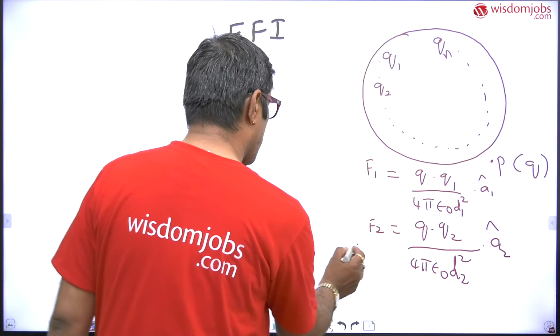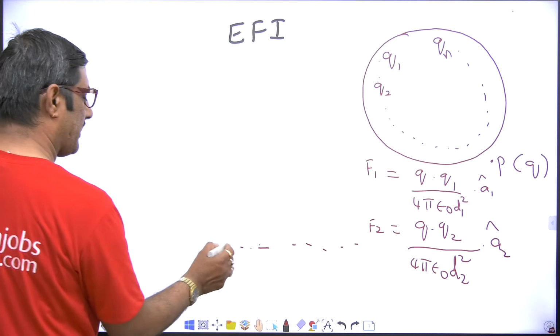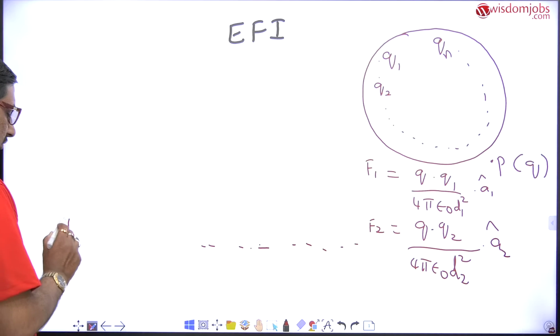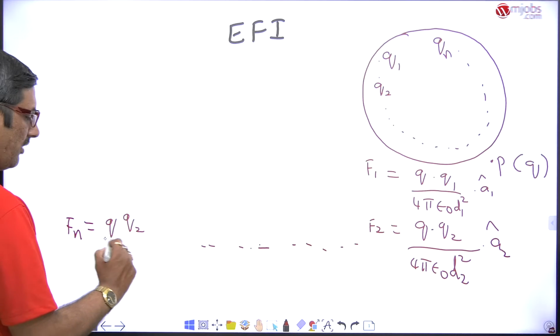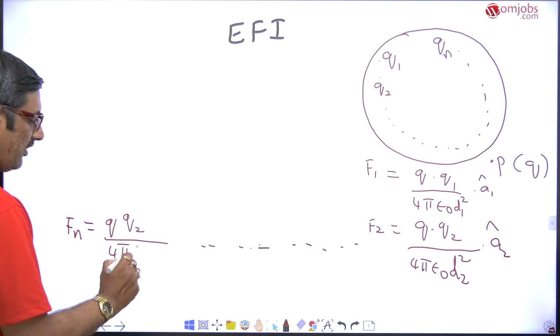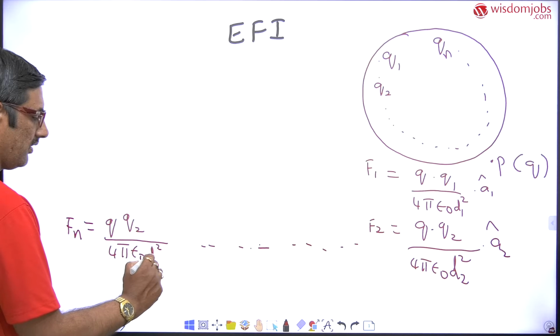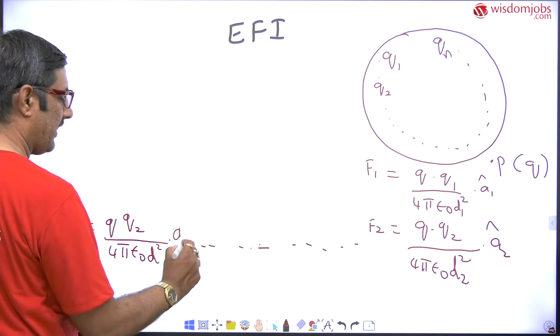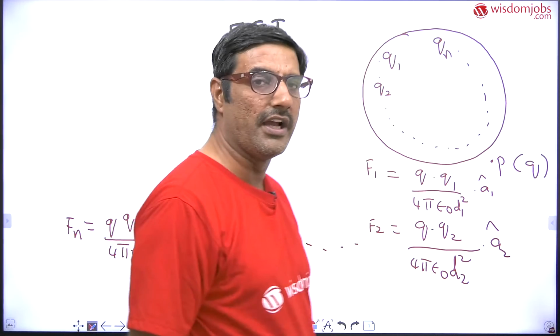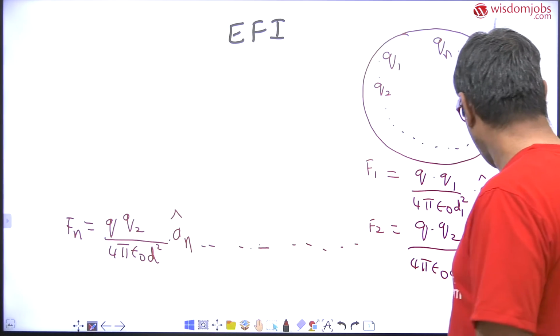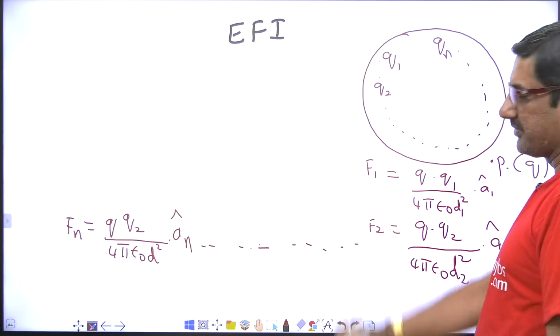Like that, if I go on calculating up to the nth force, so what would be Fn? Fn would be Q into Qn upon 4 pi epsilon naught dn square into an cap. So what is this an cap? It is the unit vector along the line joining the point P with the nth charge. Okay.